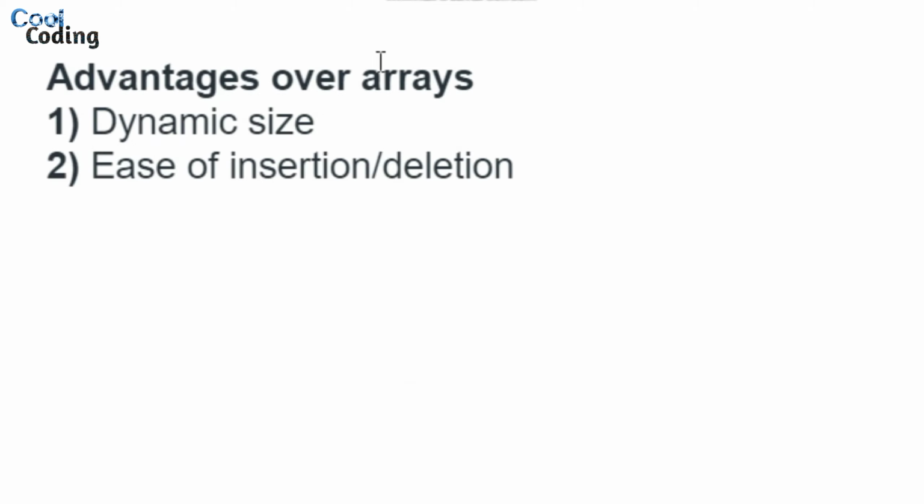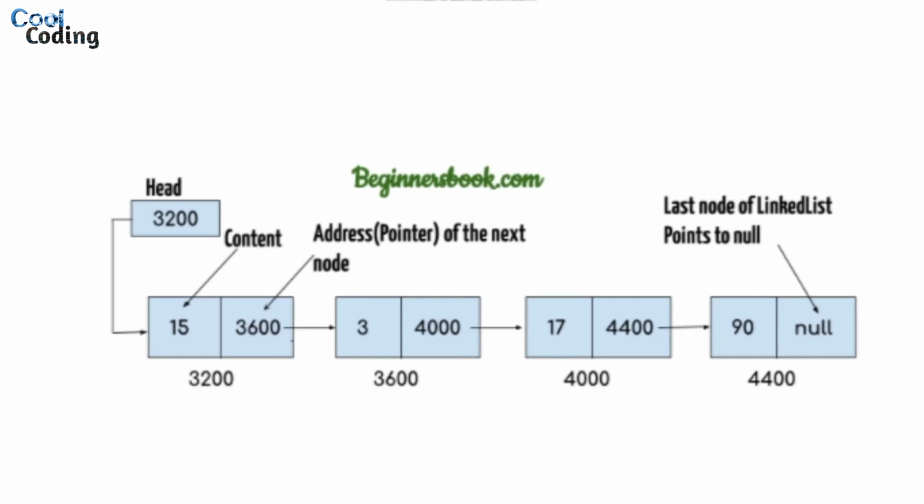Now, advantages of linked lists over arrays. In a linked list there is dynamic size, which means we can increase or decrease the size. For example, I have to delete this 3. Here 3600 is the address of the 3.